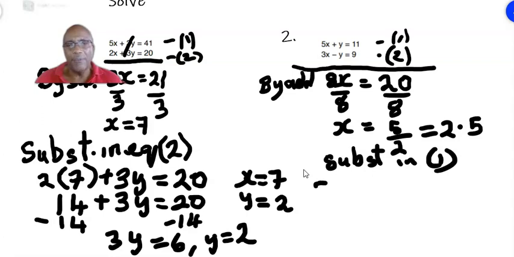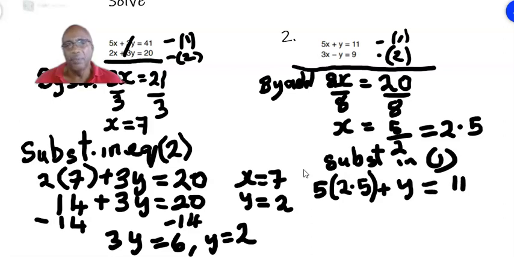So 5 times 2.5 plus y equals 11. So we multiply 5 times 2.5. You can always use your calculator, but 5 times 2.5 is 12.5. Plus y equals 11.